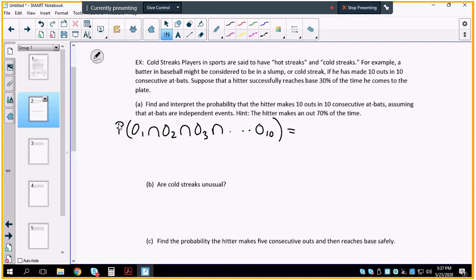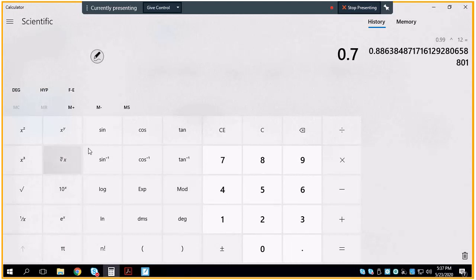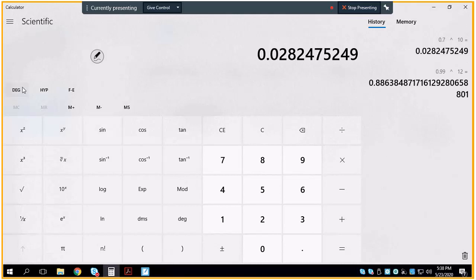So this is just going to be the probability of out the first time times the probability of out the second time, and so on up to the probability of out the 10th time, because these are independent events as we are given. Each of these probabilities is 0.7. And I have 10 of them, so I will do 0.7 to the power 10 to find the probability. So let's see how much that is. We'll say 0.7, and then we're going to raise it to the power 10, and rounded to 4 decimal places, the answer is 0.0282.